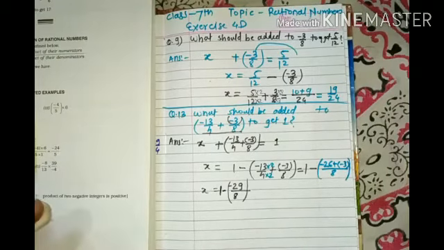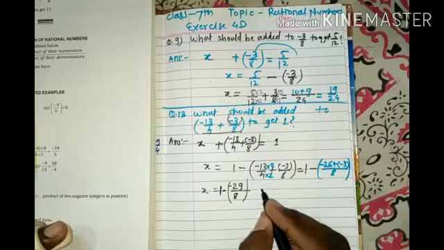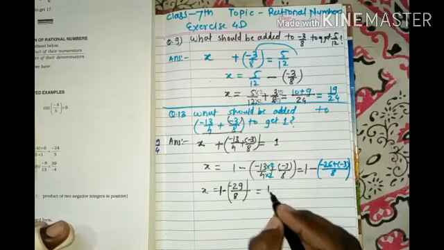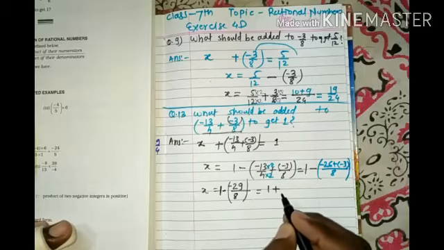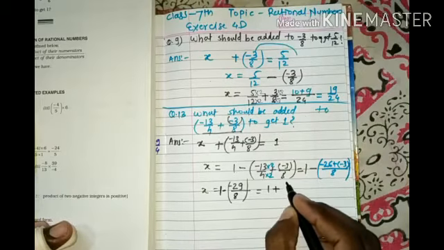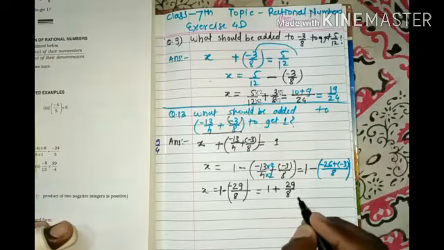So 1 minus minus 29 by 8. So there is a subtraction. When there is a subtraction, we will add the additive inverse of the second number. So minus 29 by 8 becomes plus 29 by 8. Now we will do the addition of rational numbers.